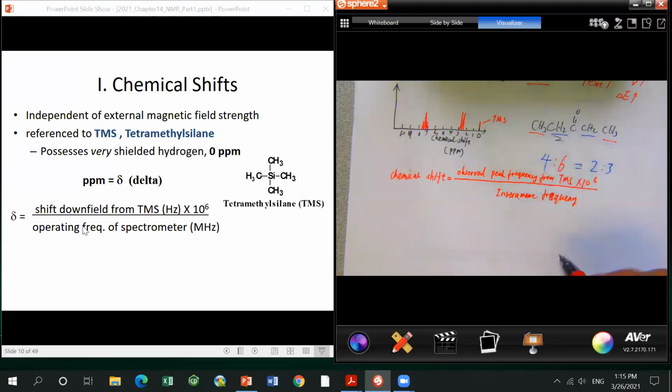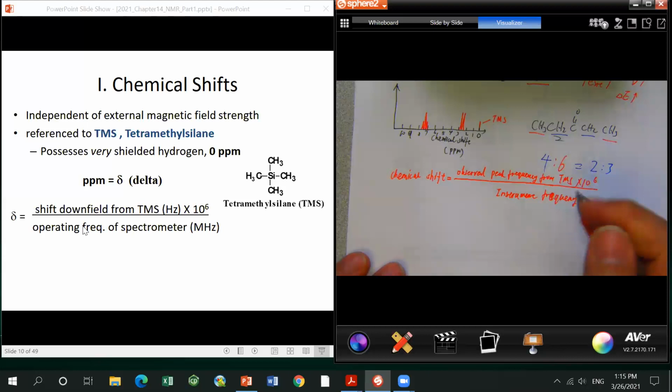In this case, even under different instruments, 60 megahertz or 600 megahertz, they all give the same chemical shift for the same protons. Shielded and deshielded, I will explain later. Those are just some important words.